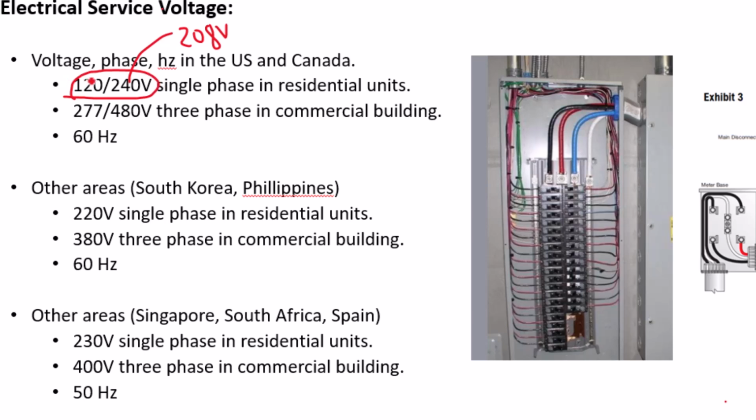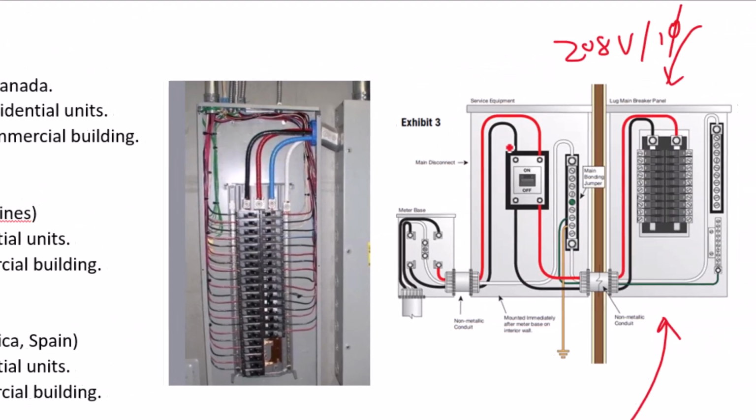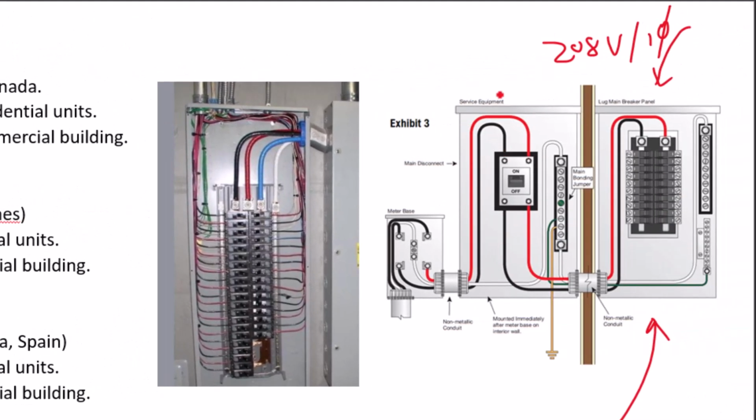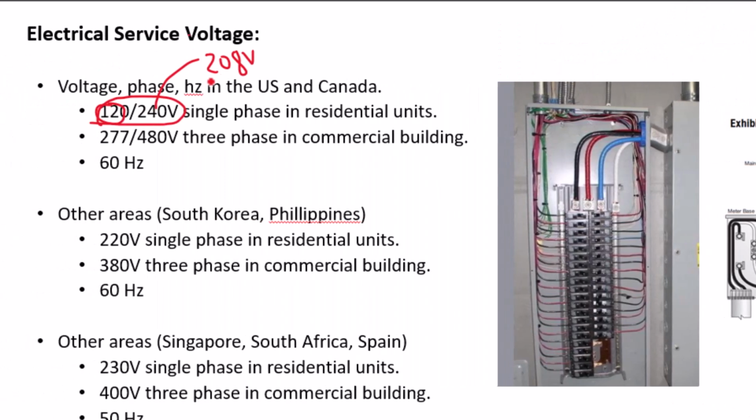And 120 volt here is also a single phase voltage you can have. So when you have a 120 volt, that means that each one of these phases, if you look at this picture, this black line is 120 volts, and this red line is also 120 volts. So when you compare the voltage between those hot legs, you get 208 volts.